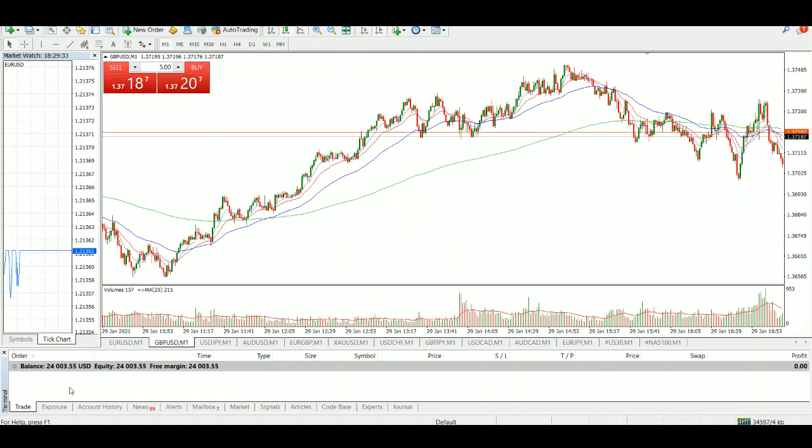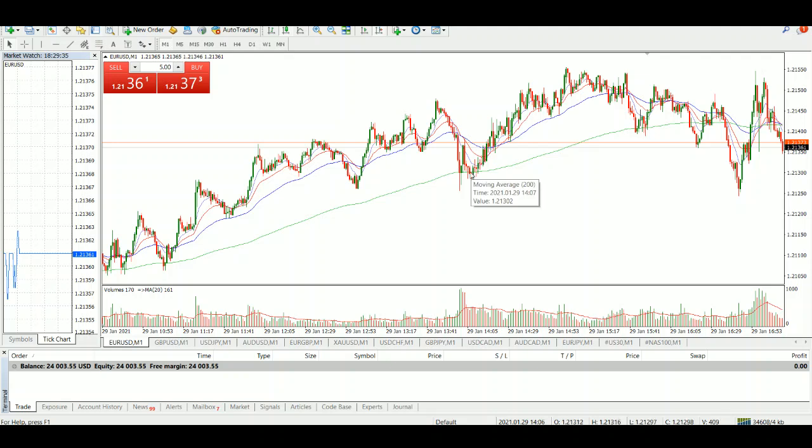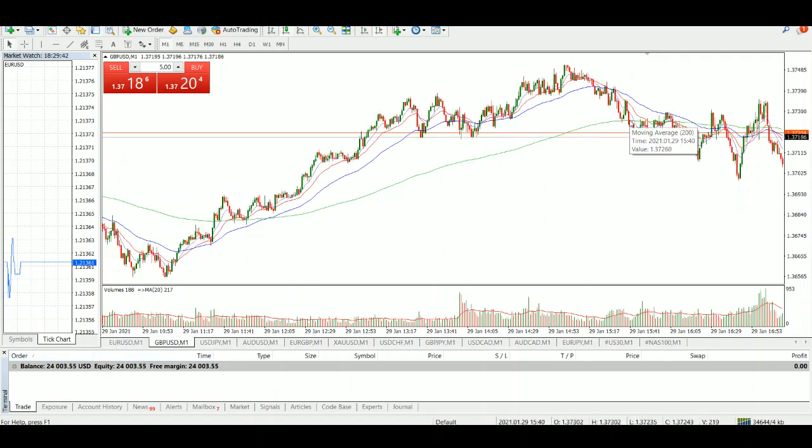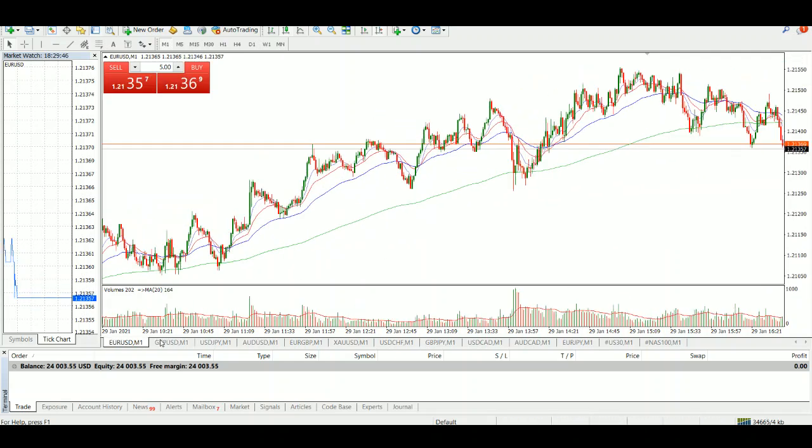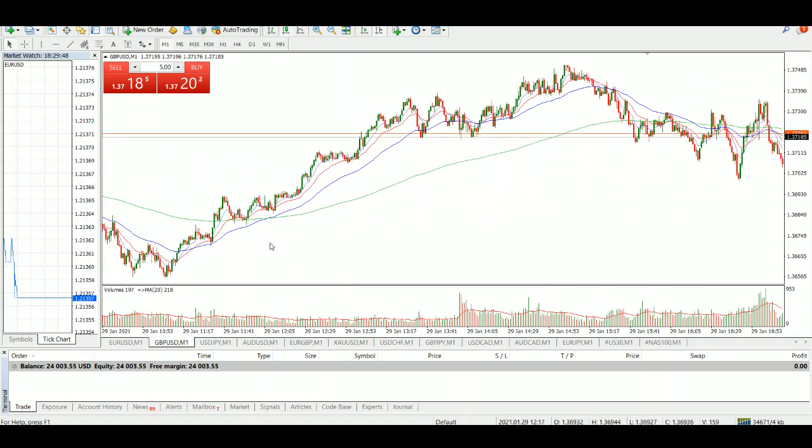Okay, as you can see, this one has returned toward the EMA 200 almost 1 hour before this one returning to EMA 200. So it's expected, so you can use this also as a monitoring issue.